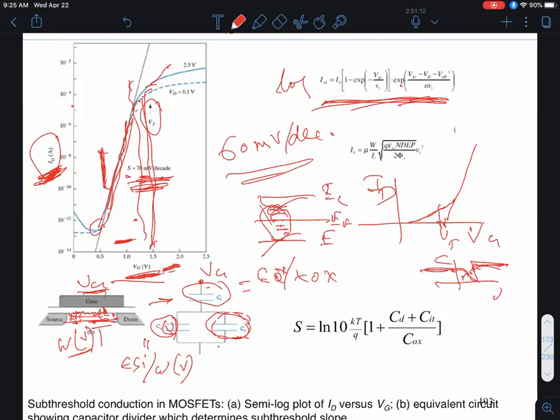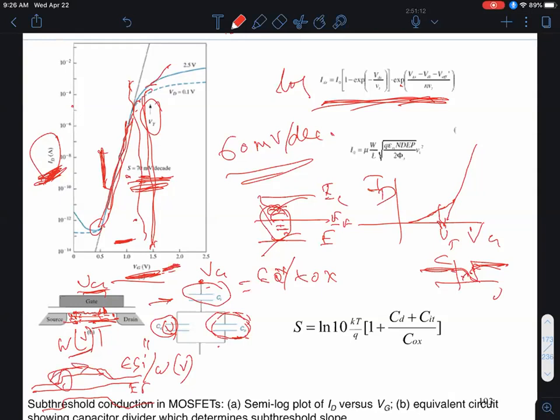Remember, we drew the band diagram, and we said that in the source we have the conduction band close to the Fermi level, in the channel you have the valence band close to the Fermi level, and then in the drain you do this. Remember that picture? So you really care about this potential, because it's only when you reduce this barrier between the source and the channel that you can get conduction.